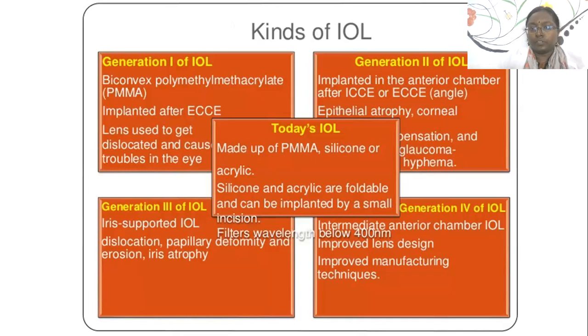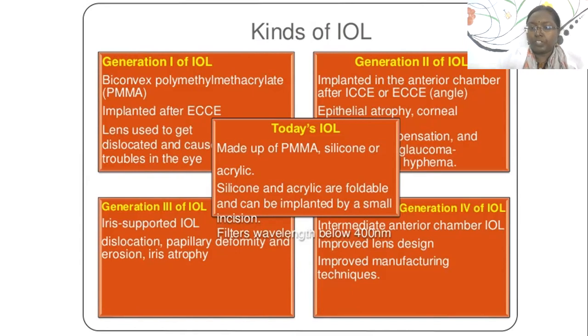The second generation is implanted in the anterior chamber after ICCE. The third generation is iris supported, the iris claw lens. The side effects include iris atrophy, dislocation, and pupillary deformity.